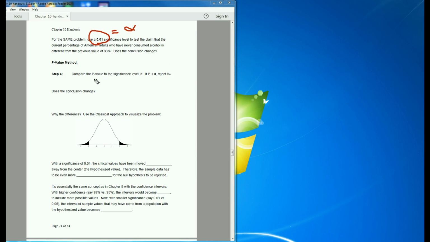Well, what we just did was we compared the p-value to the significance level. We just calculated p, it was 0.0414. So now what we would say is, 0.0414, is that less than 0.01?